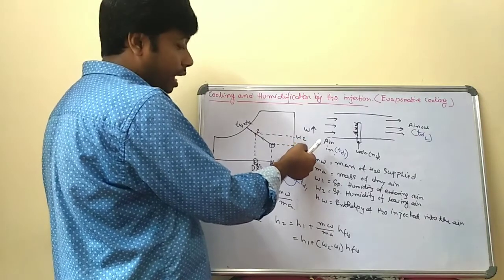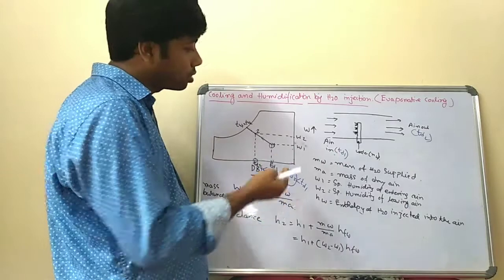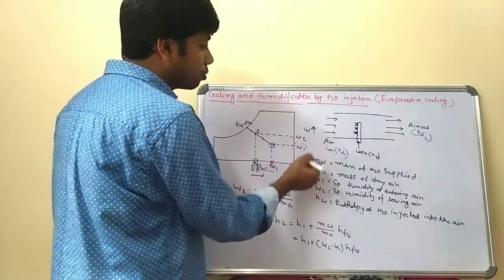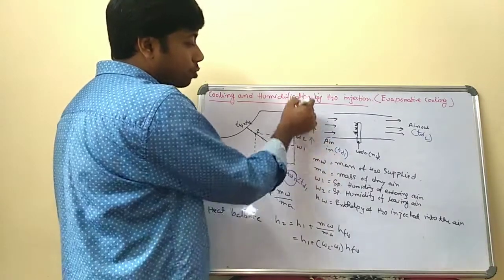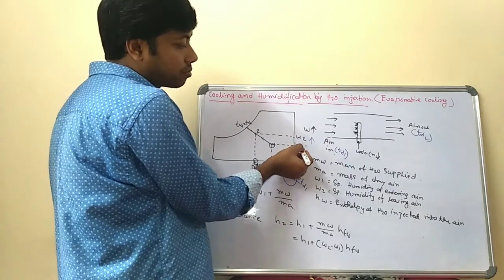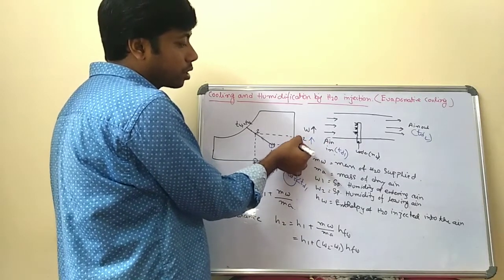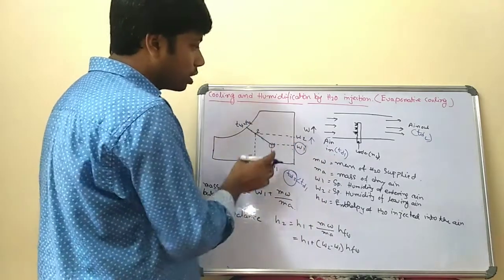Humidification means water vapor is added to the process. From the psychrometric chart, these are specific humidity lines, and as you go from bottom to top the specific humidity increases. So specific humidity increases from W1 to W2 for this process of cooling and humidification.